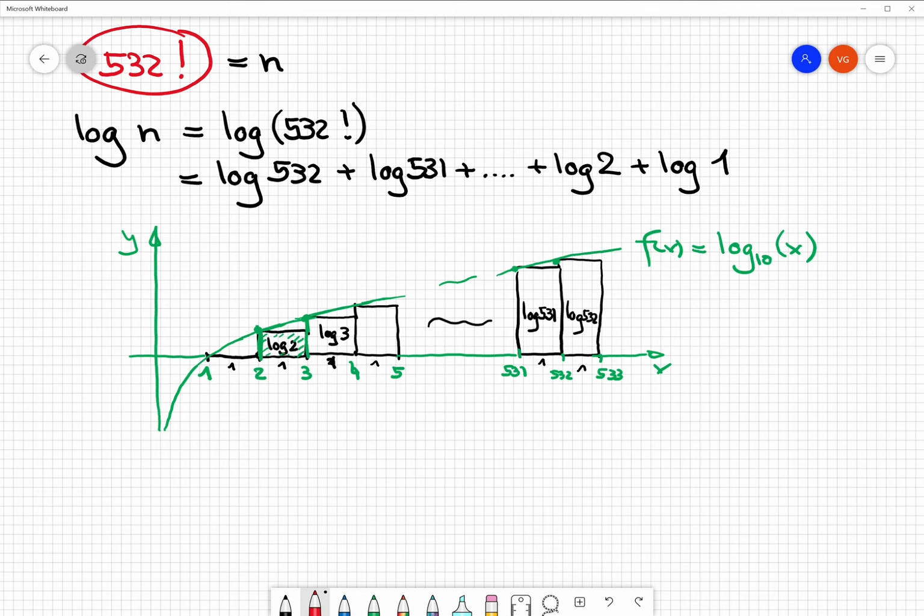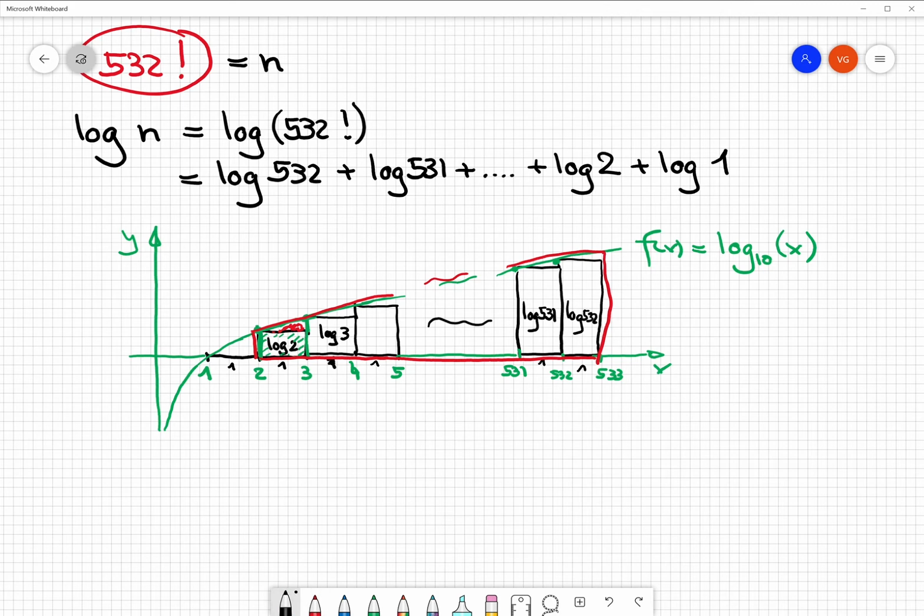We cannot really compute this sum, but we can approximate it by computing an integral. As a matter of fact, it is easier to compute this integral than to compute that sum. We will overestimate it, okay? I think you can see that we have these additional pieces here that we actually don't want. So we get an upper bound.